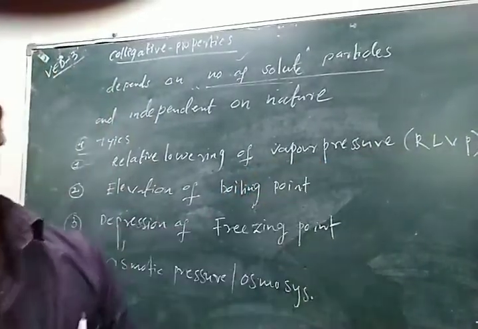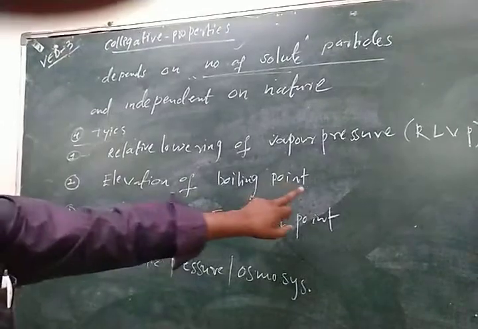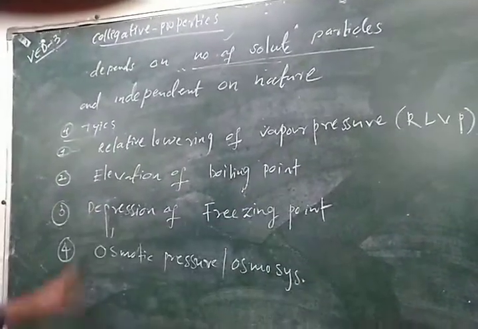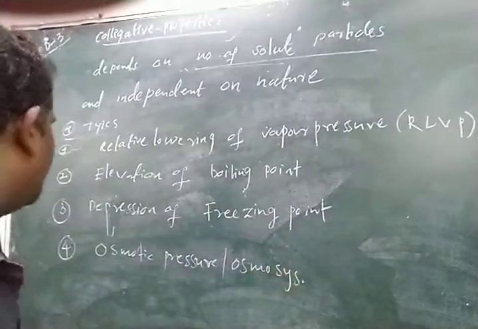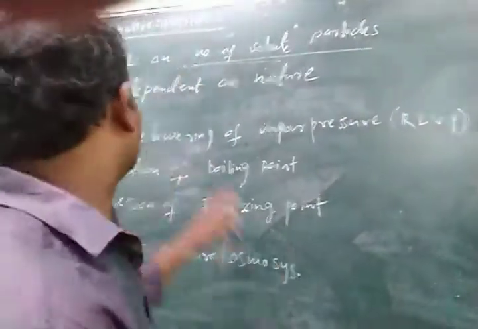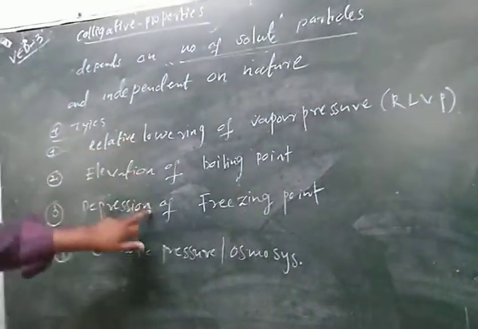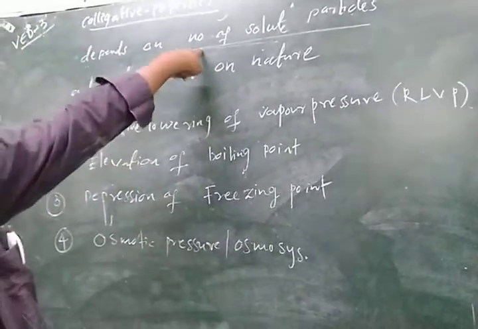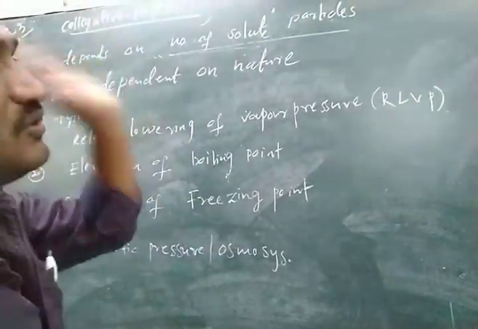Second one, elevation of boiling point. Third one, depression of freezing point. And fourth one, osmotic pressure or osmosis. These four are the colligative properties. These four properties depend on the number of solute particles present in the solutions.